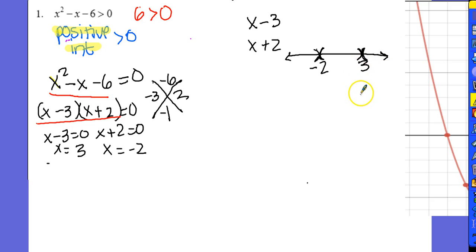So now, here's the part that you really need to ask questions about if you don't understand. What I want to do is I want to go to my top row, my first number in the stack, and I want you to tell me what makes this equal 0. What number? What's the 0? So over here above 3, I'm going to stack a 0, because 3 makes my first binomial equal 0.